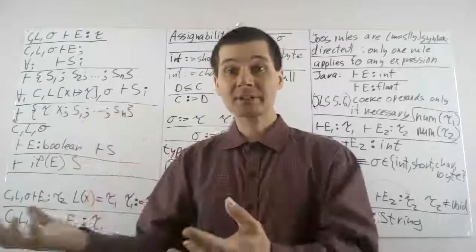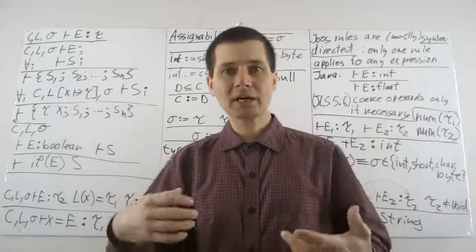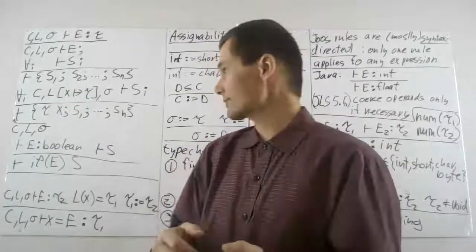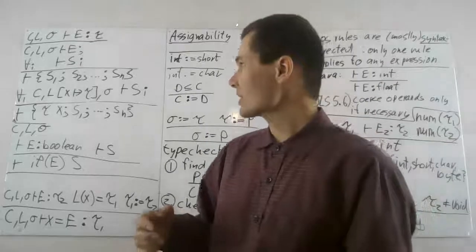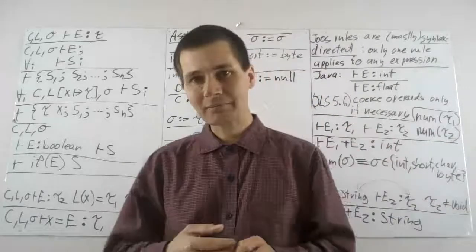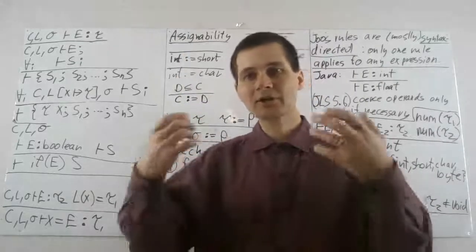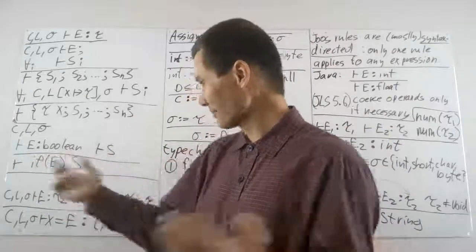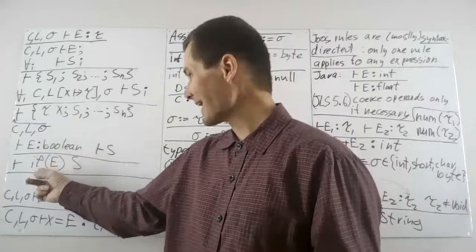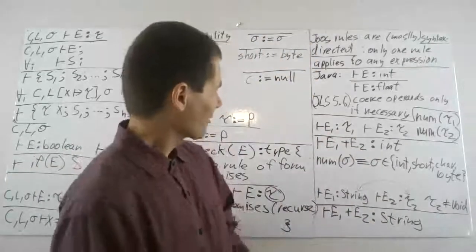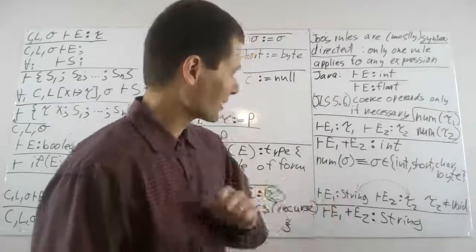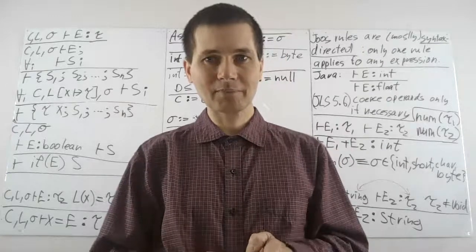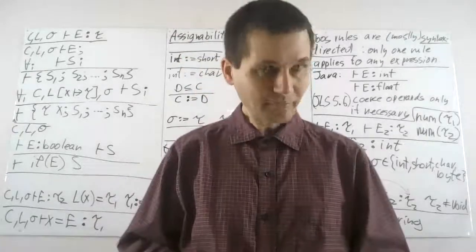But in the case of these rules for Juice, the type checking is fairly straightforward. You just follow the rules. The basic idea is, whatever statement or expression you are given, you always look for a rule that has that statement. So if you get an if statement, say, you look for a rule that has an if statement at the bottom, or if you get an addition expression, you look for a rule that has an addition expression at the bottom.